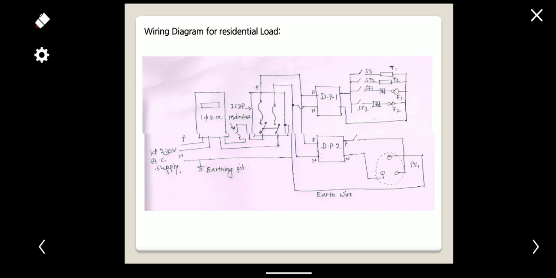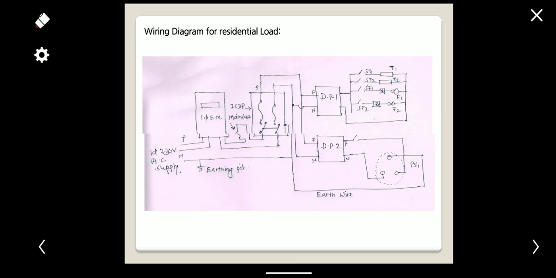Then this ICDP is connected to the two sub distribution boards, that means DP1 and DP2. In some books, DP is written as the SB board, the sub circuit board. So this is DP.